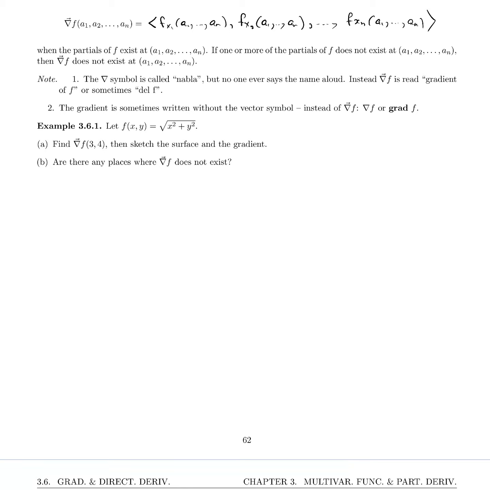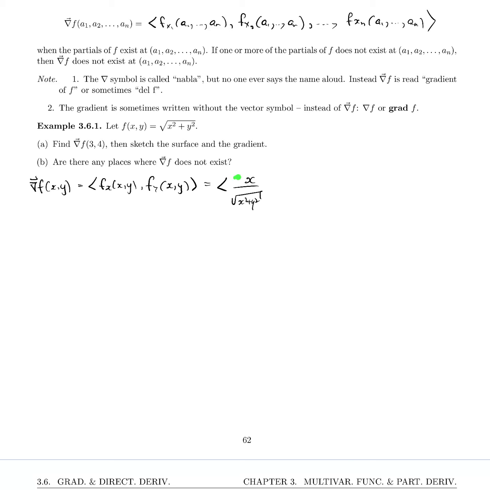So the gradient of f at any point x, y is the vector f sub x of x, y and f sub y of x, y. So that means we need to take the partial derivatives here, and using the chain rule, we're going to have x over the square root of x squared plus y squared.